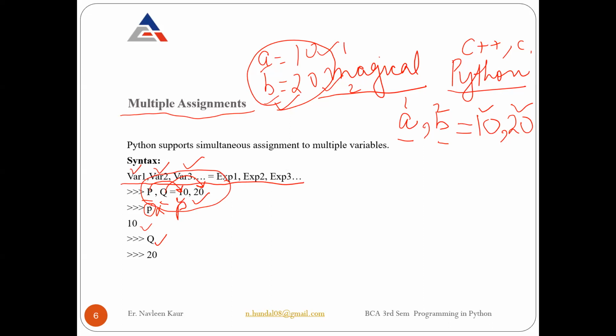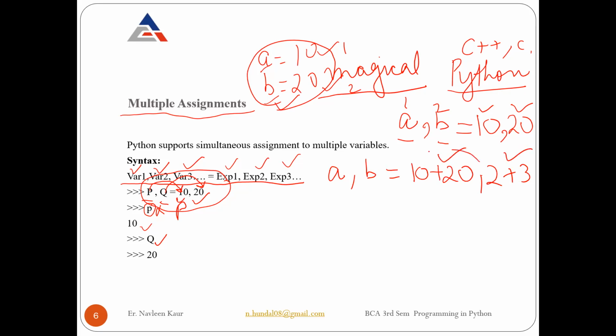Now this expression thing. I told you that you give the values, you give the literals, but why does it say that you can give expressions? Let me explain. Suppose I write A comma B, and then I write an expression here. Expression means there are literals and then there are operators. I write 10 plus 20 comma 2 plus 3. So this is an expression. This is also possible.